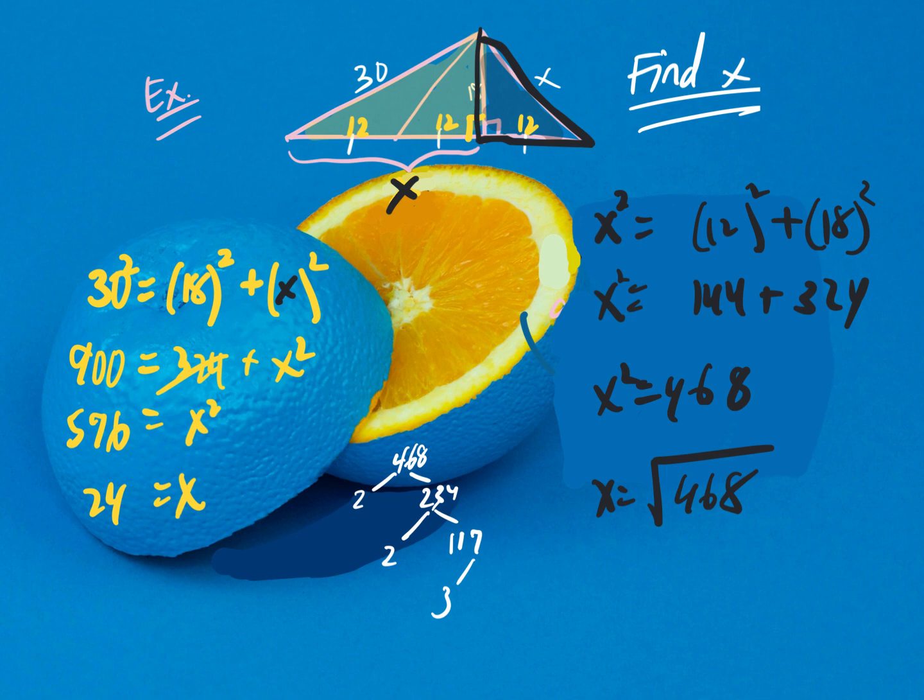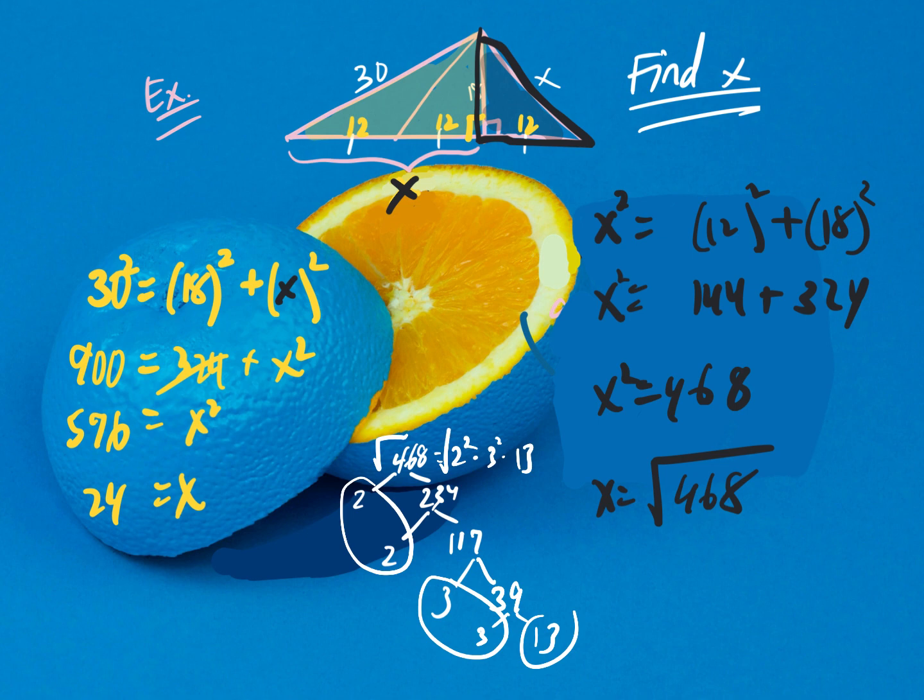So 3 goes in 39 times. And 39 is 3 times 13. So 468 is 2 times 2 times 3 times 3 times 13.